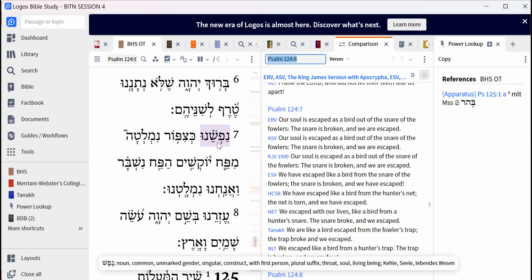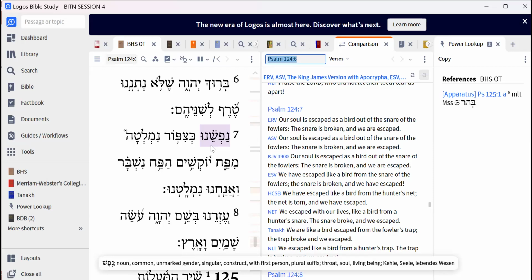Nafshenu, right? This is the word translated soul. The Hebrew does not have the tripartite division of man like we have in the New Testament, spirit, soul, and body. As far as the Hebrew is concerned, man is either material or a soul.